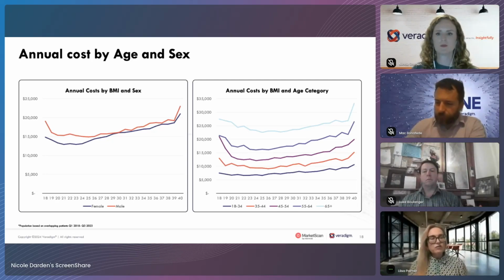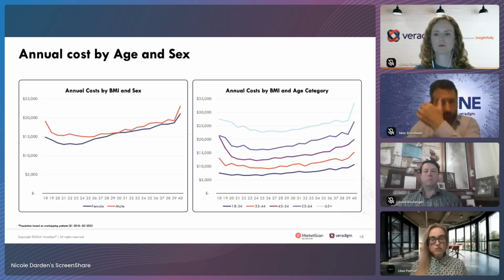The idea is to show how the marriage of the two data assets, with information that is unique from the Veradigm side, in this case having access to BMI, and pieces that are unique to MarketScan, which is having the cost information, can really start to evolve the types of analyses that you might be thinking about and executing.